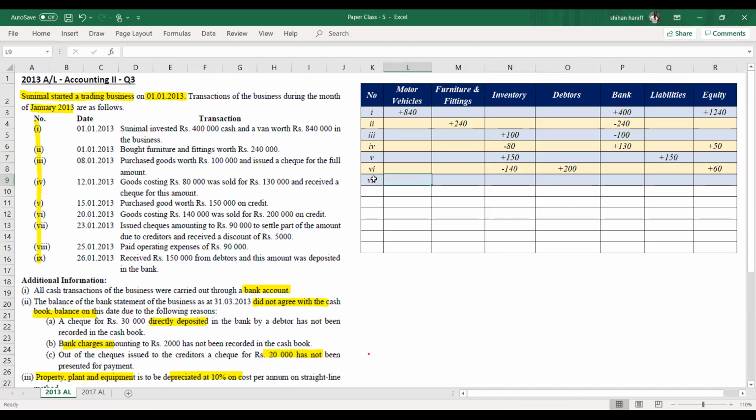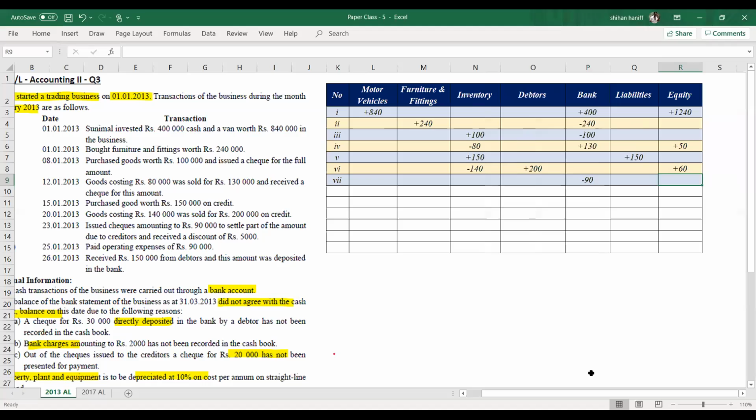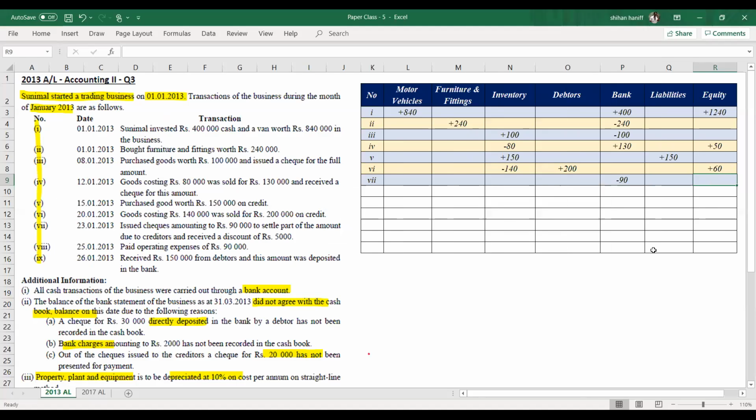7. Issuing a check amounting to 90,000 to settle part of the amount due to creditor and received a discount of 5,000. Check is 90, so 90,000 bank will reduce. And there is a discount received. Discount received is an income, 5,000.